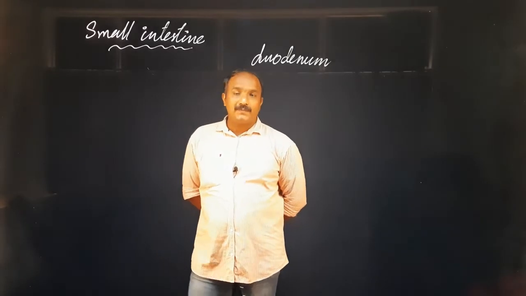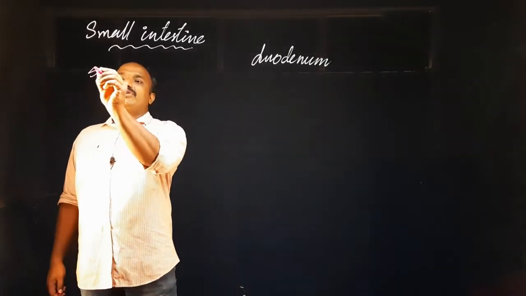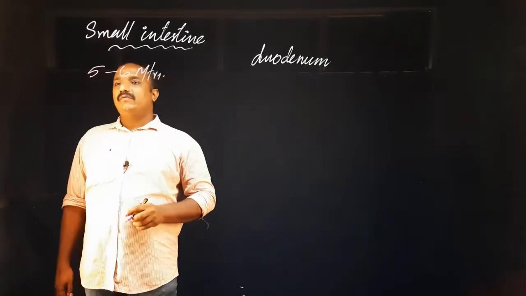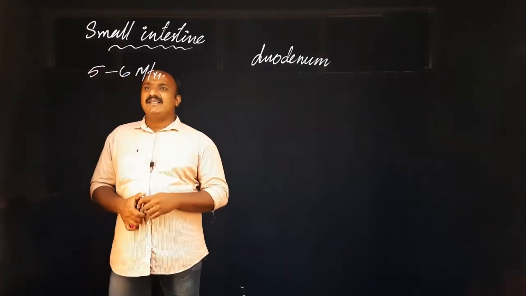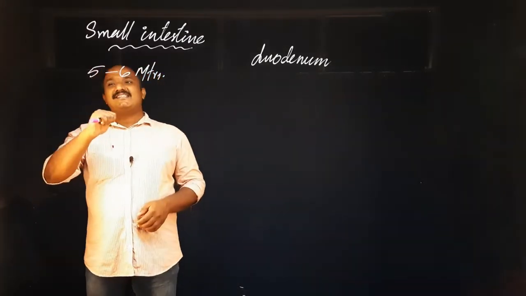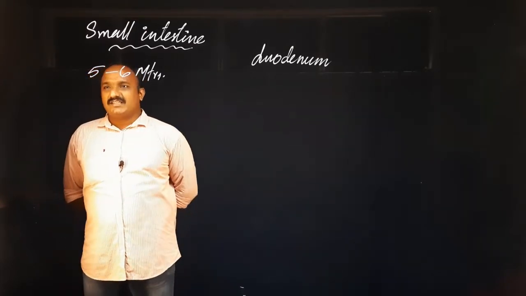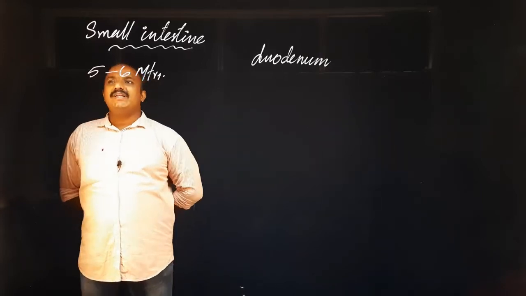As you know, our small intestine is 5 to 6 meters in length. This lengthy intestine is called the small intestine because it is very thin, not wide, but narrow.